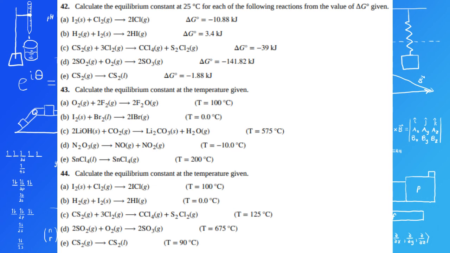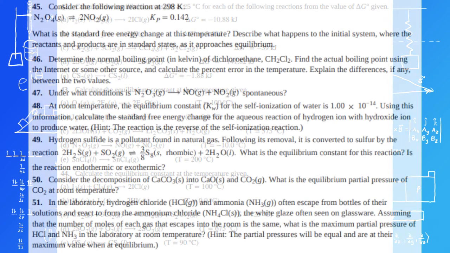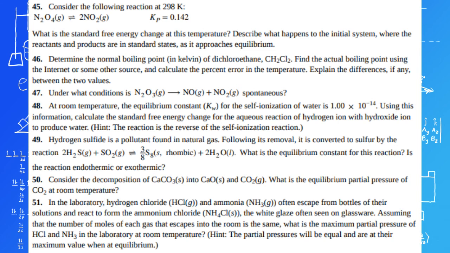Already did something like it. 43, basically the same as the previous two problems, except they don't give you delta G. You have to calculate it from data tables. 44, same as 43. Nothing too interesting about 45.